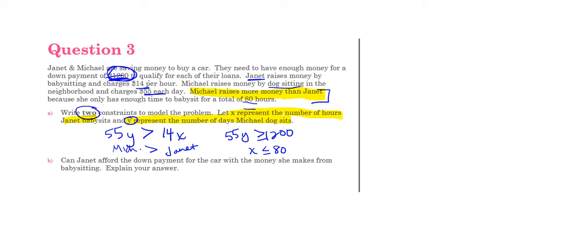And I could even figure that out further. I know that Janet charges $14, and if she works the maximum hours she has available, she's going to make a total of $1,120. So at most, that's how much Janet's going to make.